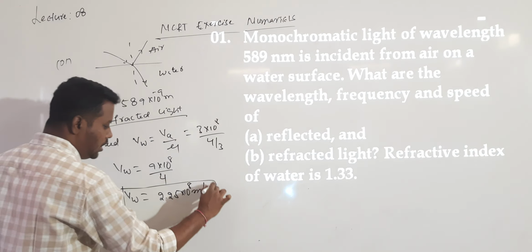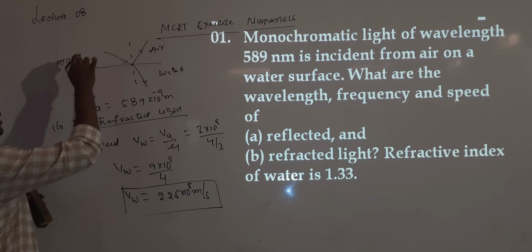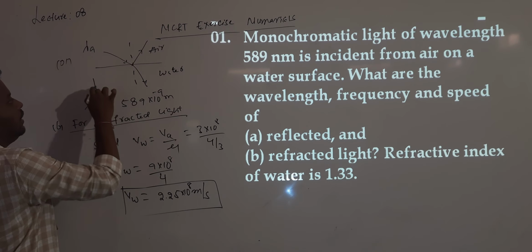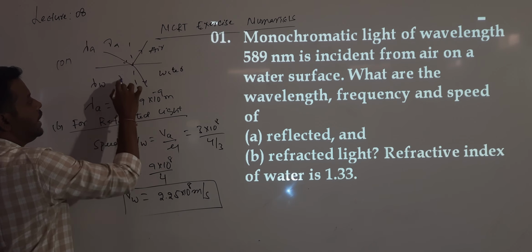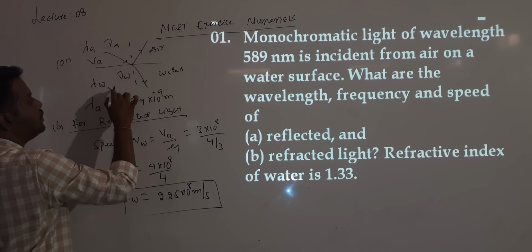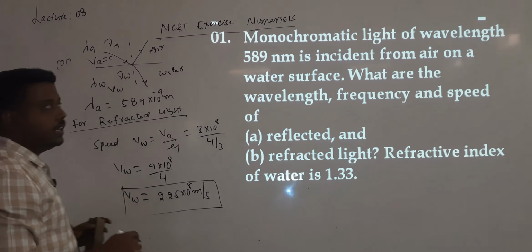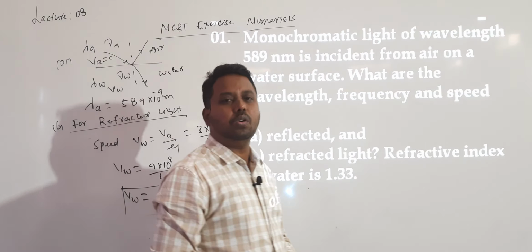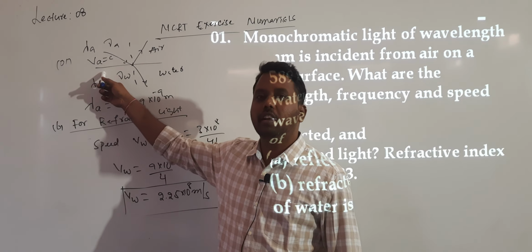Decreases. Now you tell me, whenever a light ray travels from air to water, here the wavelength is lambda A, here the wavelength is lambda W, here the frequency is mu A, here the frequency is mu W, here the speed is VA, here the speed is VW. VA value is equal to C. So whenever a light ray travels from air to water, the wavelength decreases, and the velocity and speed decrease.